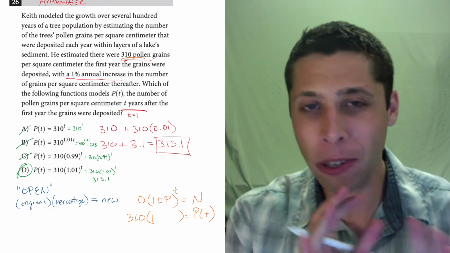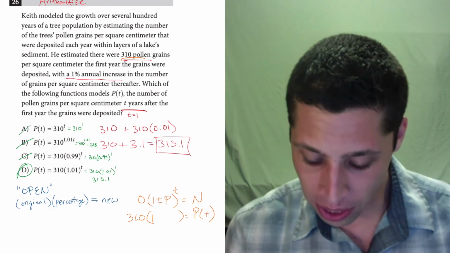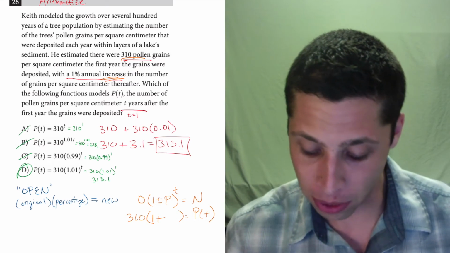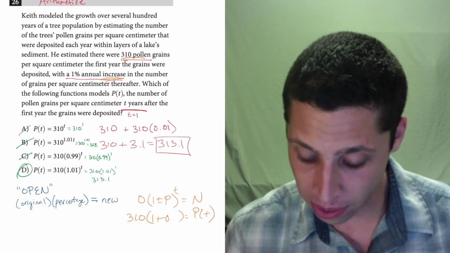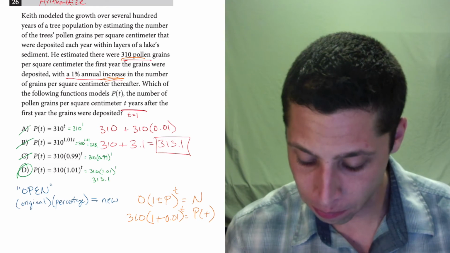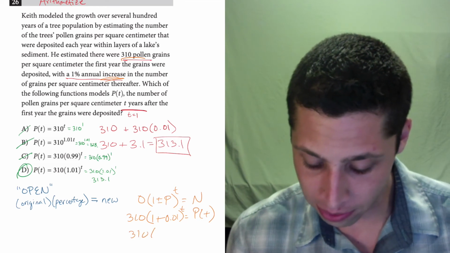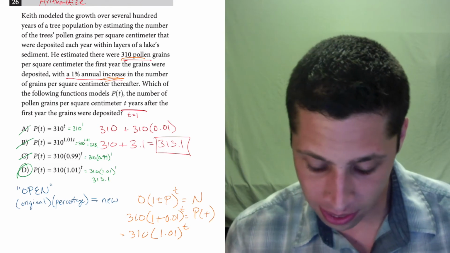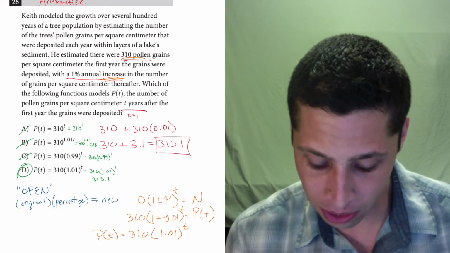So that part's a little confusing, but you'll see that when we do an increase, right, because it's an increase, so a plus of 1%, 0.01, if I simplify this, 1.01 to the t is exactly what my P of t is equal to, right?